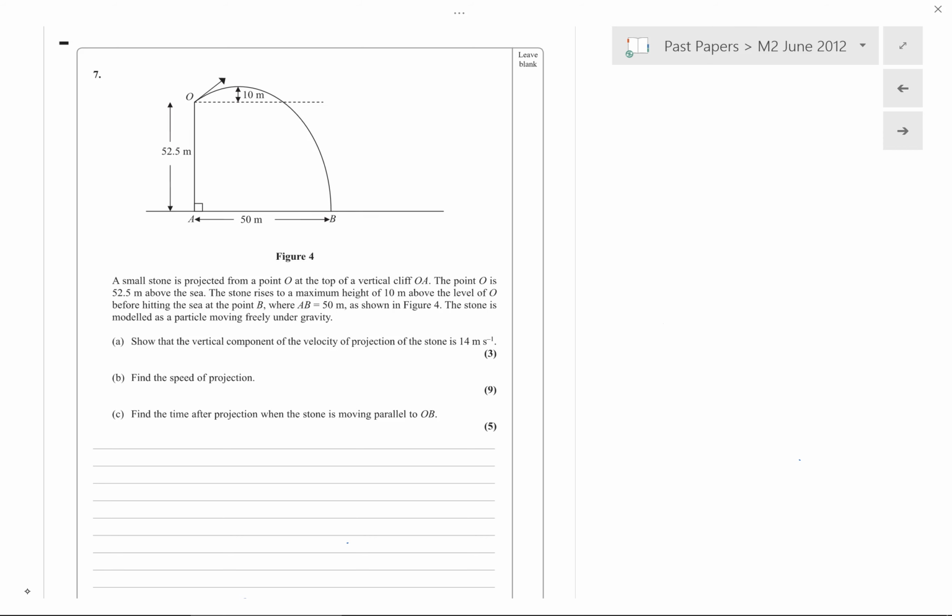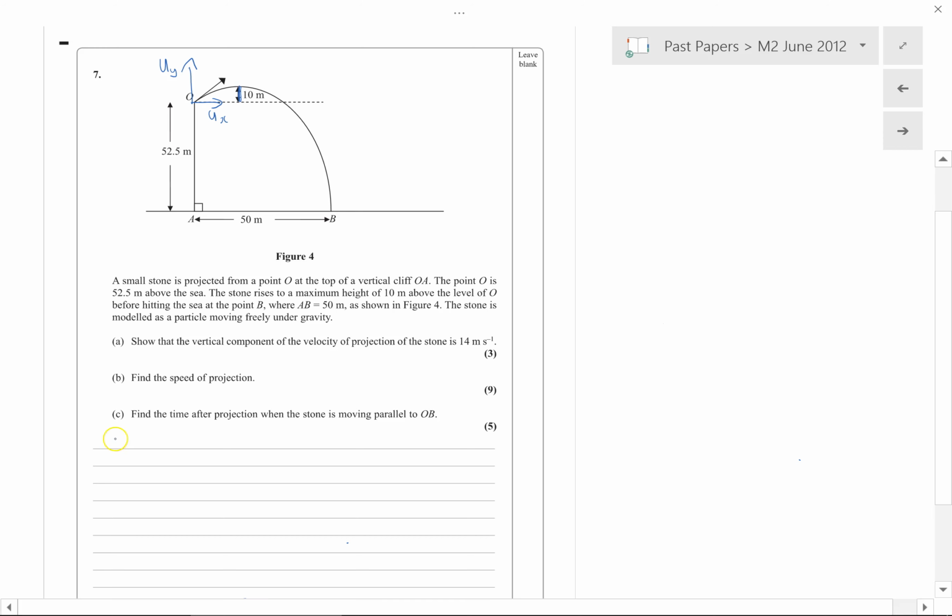Right, okay, we've got quite a bit of information here. The highest height is 10, which is key obviously for the first part of the question. We don't know what the velocity is, so we don't know the initial, let's call it uy and ux, the horizontal and vertical components of the initial velocity.